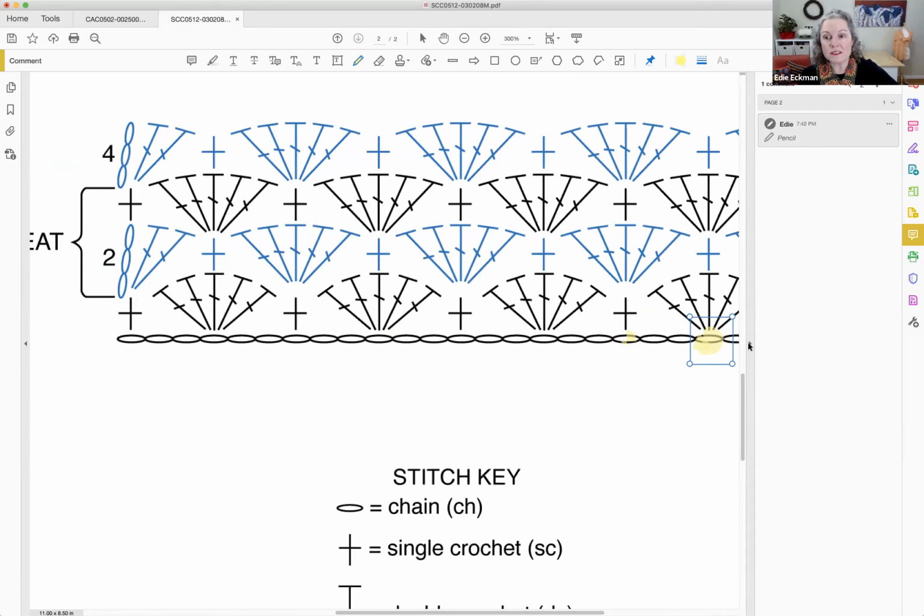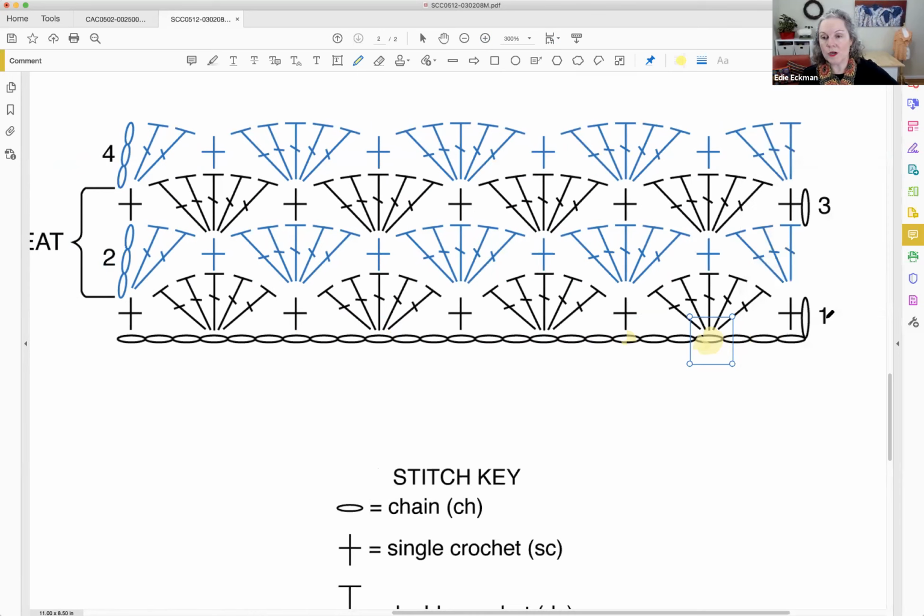Now notice that round 1 was worked, because we're right-handed, sorry, left-handers, you're working in this direction. When you turn, you're going to be working in this direction. Now you're still working in the same direction, but your work turned, but you're going to read it from left to right. Now, left-handers, you're going to actually start over here, and your first row is going to be worked in this direction, and your second row is going to be worked in this direction.